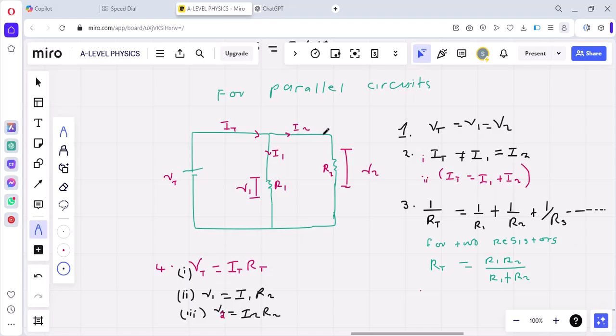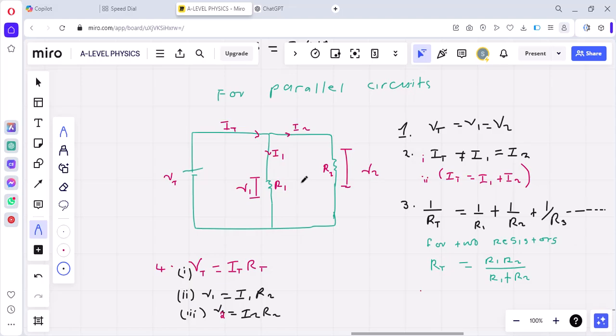Some is going this side and some is going this side. Like this, we can say resistors are connected in parallel. We can disconnect one resistor here and the other resistor will remain connected. But in series, if one resistor gets disconnected, the whole circuit will go off.